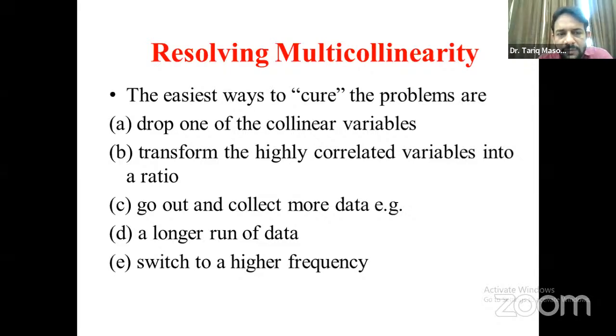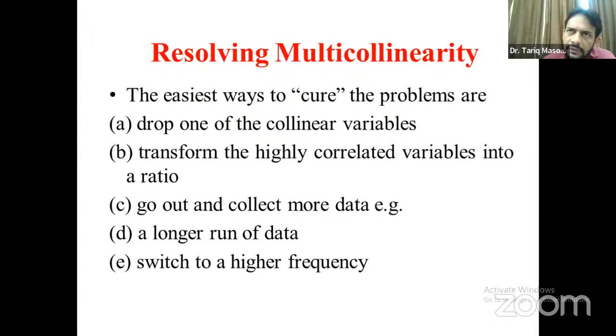Now the third option is to collect more data, to add more data, but this solution is not possible in a number of scenarios because we have a limited set of observations. There is no way by which we can add more data. But if your context allows you, by adding new observations, you can get rid of this multicollinearity problem. If you are using time series data, you can also switch to higher frequency data.